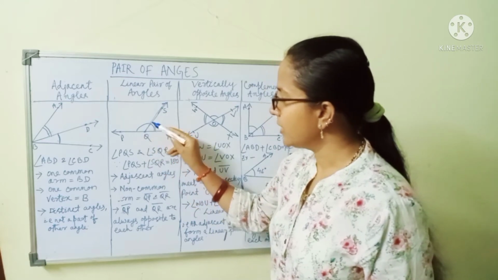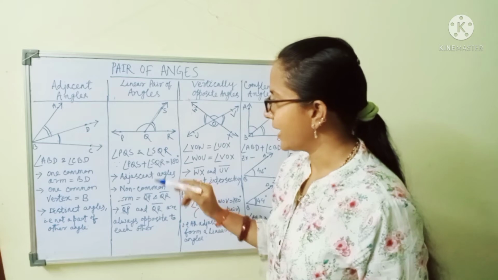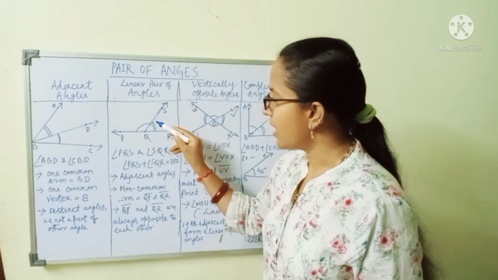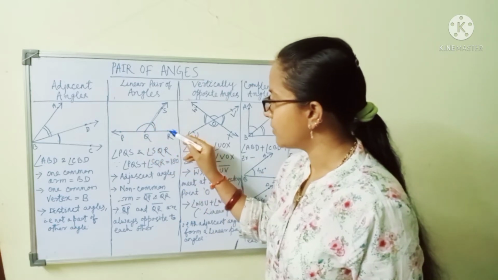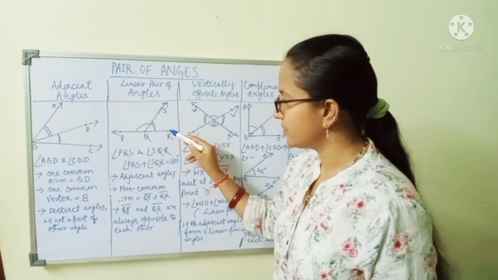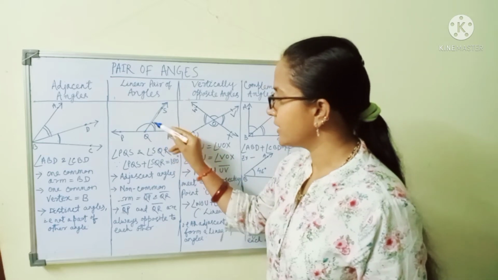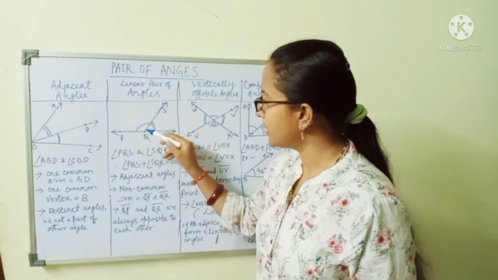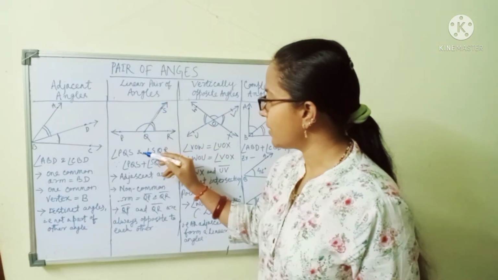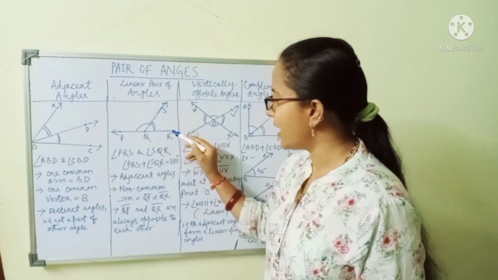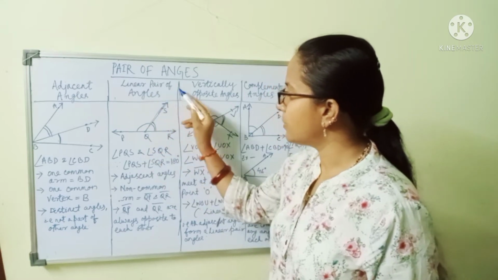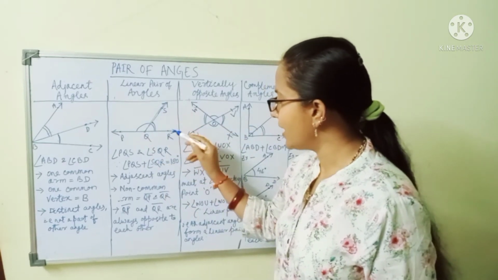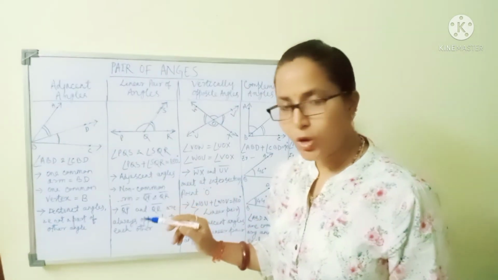So they make one linear pair of angles because these two angles are present in a line and together they make 180 degrees. So PQS is a linear pair of angles with SQR. These two are a linear pair because PQS plus SQR is always equal to 180 degrees.